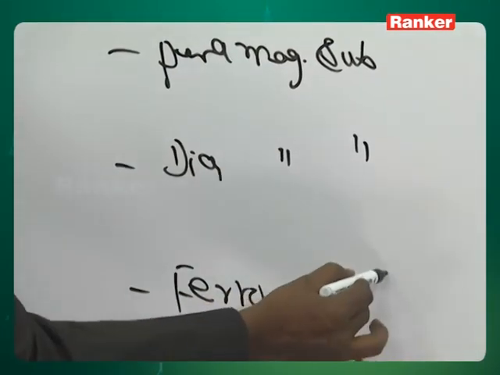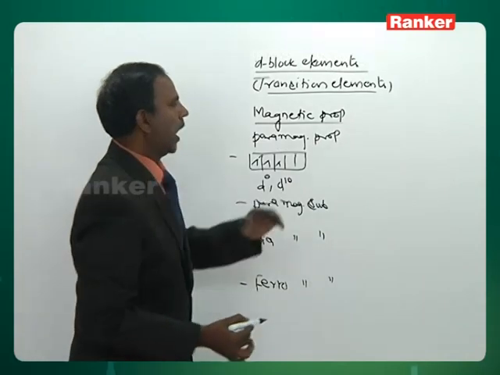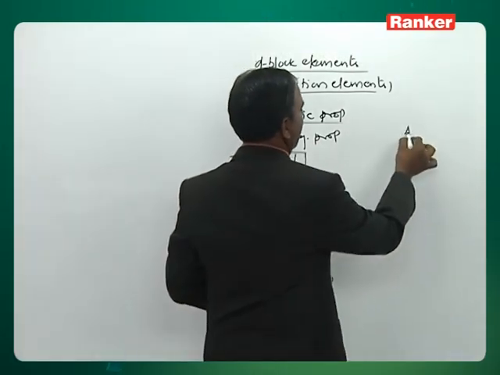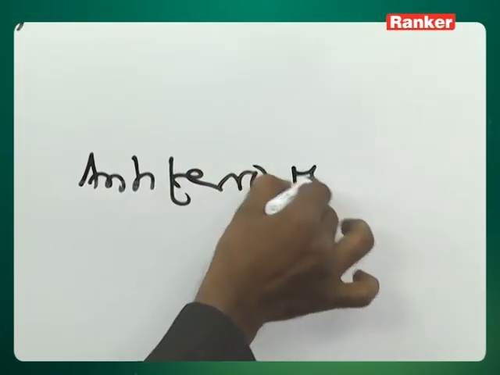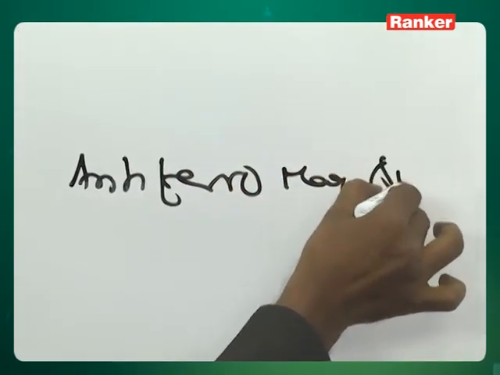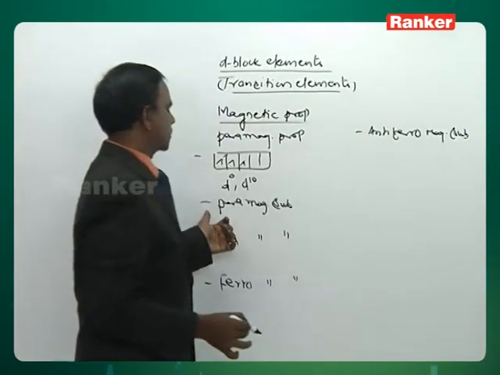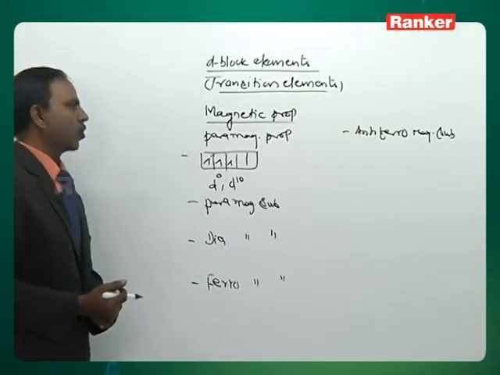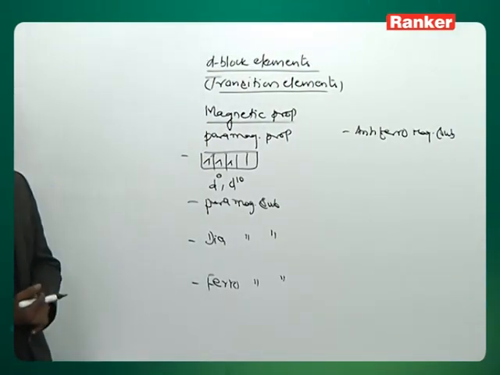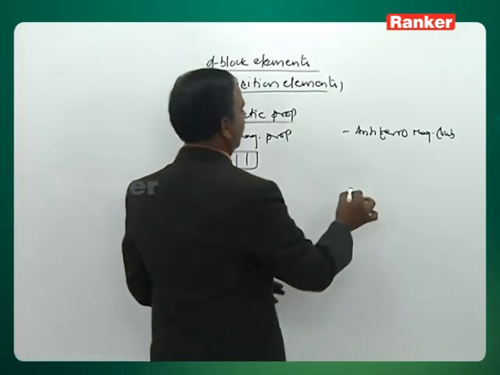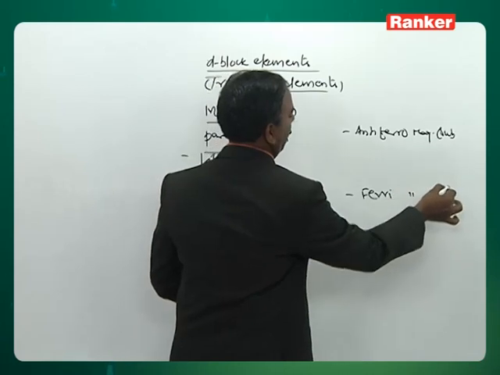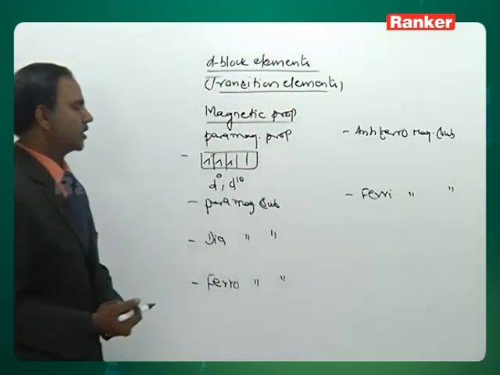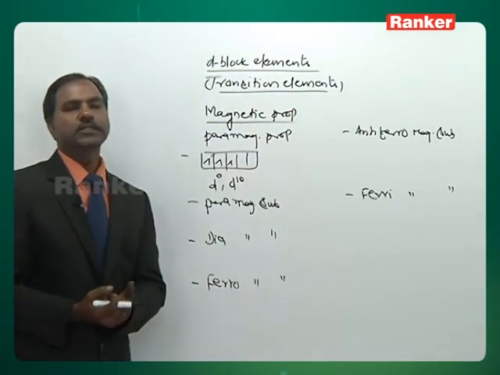Next one, antiferromagnetic substance. And one more substance we come across, ferrimagnetic substance. Like this, different magnetic substances are there.